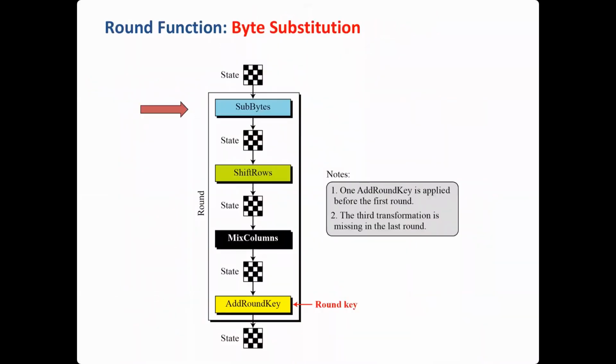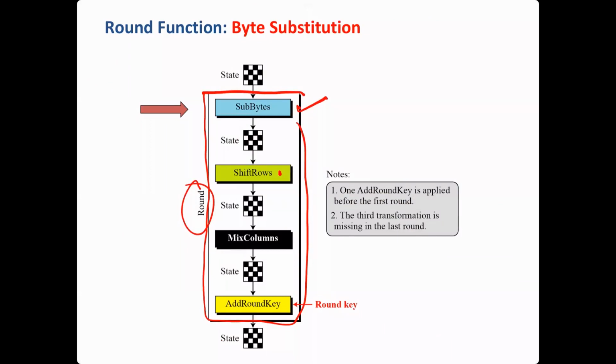So we are here. This is the first round, up until the last round, so up to the 9th round. Each round consists of substitute byte, shift row, mix column, and add round key.